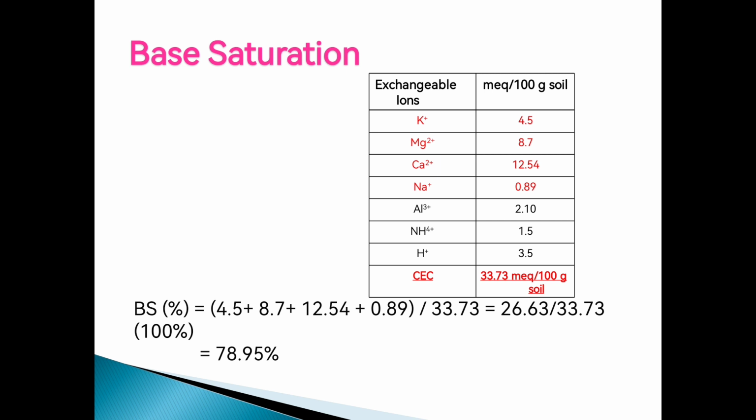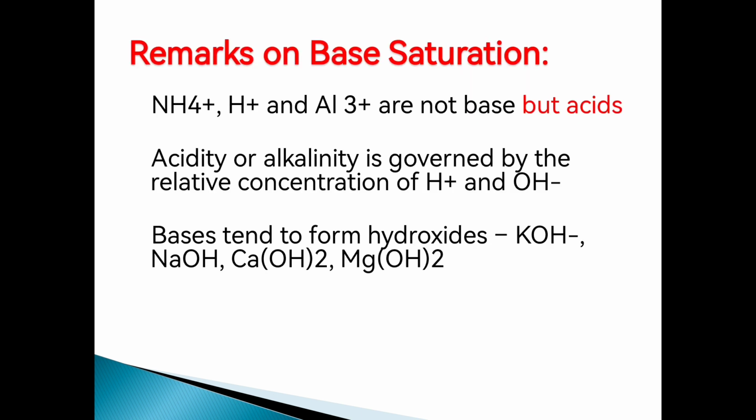Why did we not include aluminum, ammonium, and hydrogen? Why do we only consider potassium, magnesium, calcium, and sodium? Because the ammonium, hydrogen, and aluminum are not bases, but they are acids.